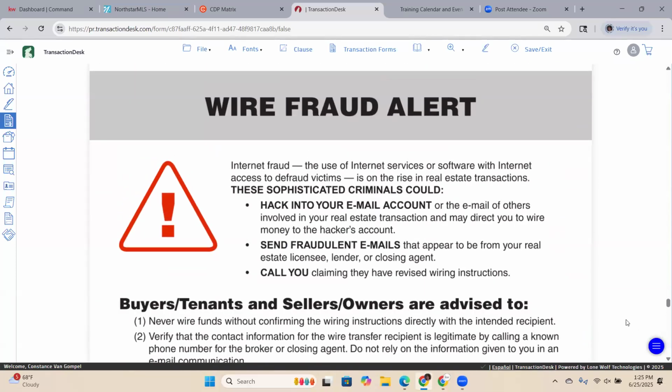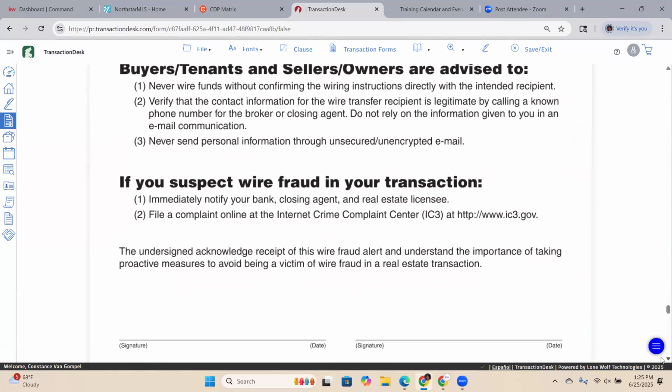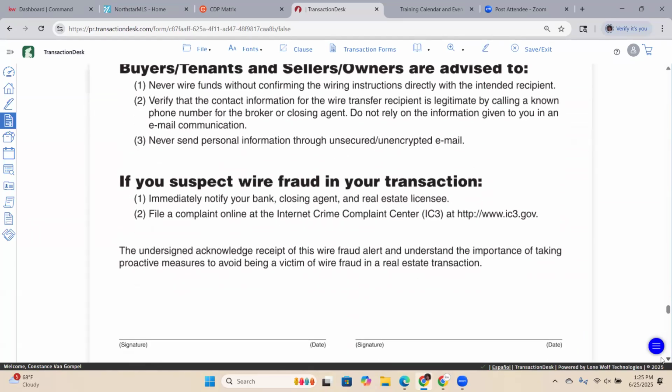Wire fraud, once again, when you set up the trust funds, explain it to your buyers. Give them a simple, reasonable code for them to enter in, that is not sent by email, that you text to them.